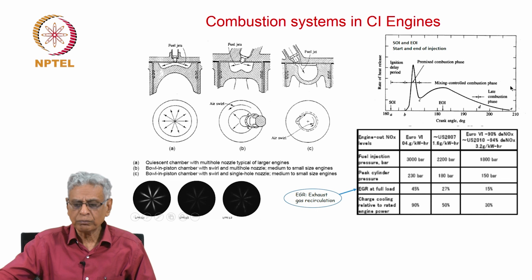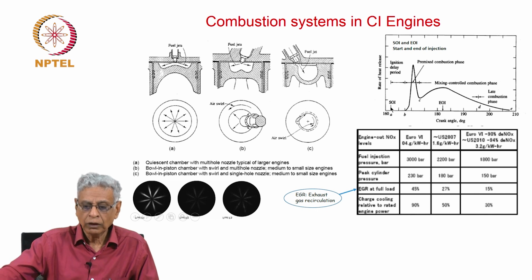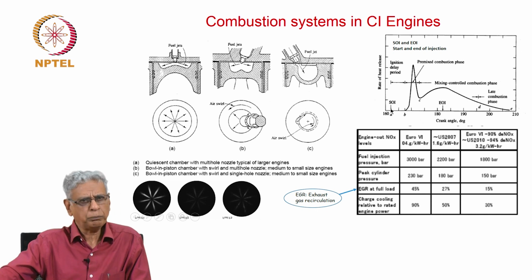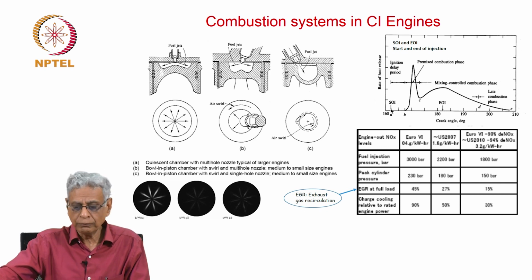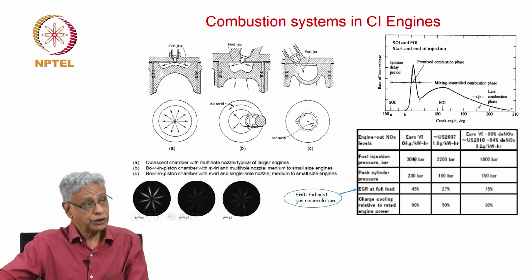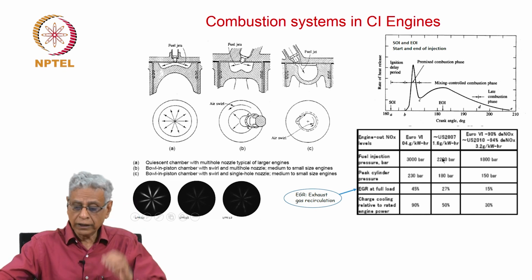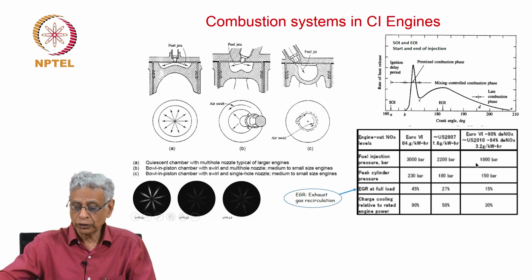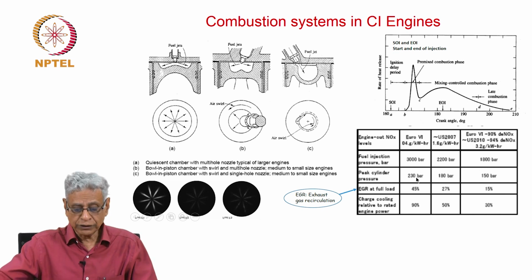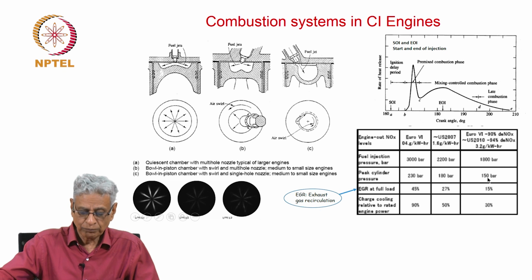The actual process is briefly stated here. This is the start of injection, and it takes a couple of milliseconds or even less for the injection process to be completed. In modern engines, injection occurs at extremely high pressures, 3000 bars, and in earlier engines it used to be something like 2200, 1800 bars, and the peak cylinder pressure itself is 230 bars in modern engines and a little bit lower earlier.